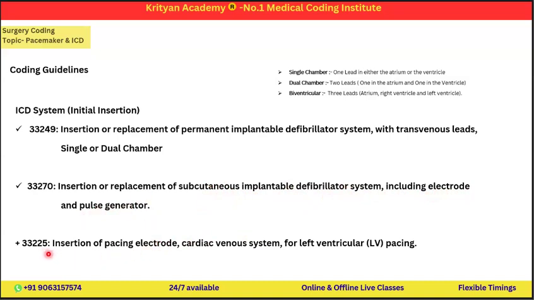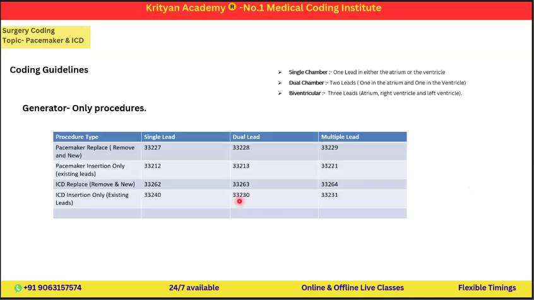And then here 33225 is insertion of only pacing electrodes, which is cardiac venous system for left ventricular pacing. So based on these chambers, you can choose the codes for ICD, the implantable cardio defibrillator system. And that's for initial insertion.